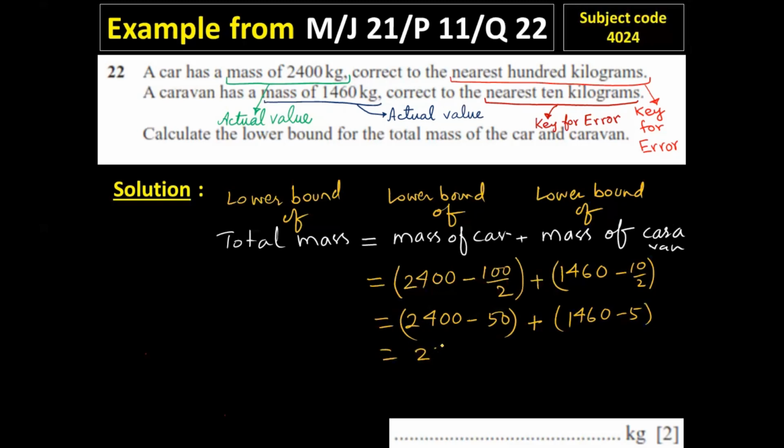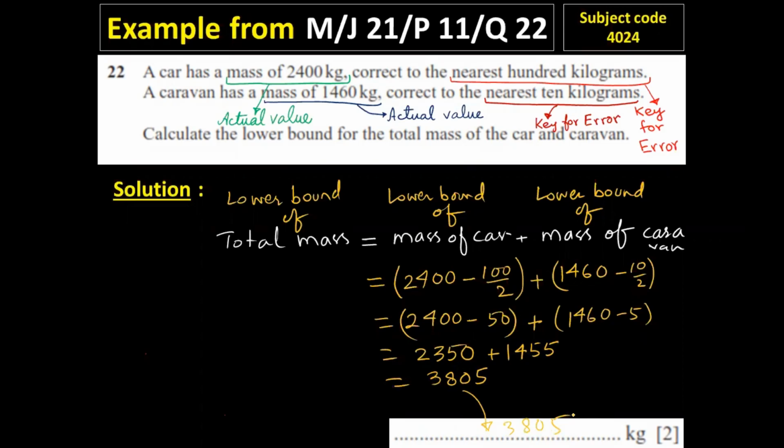It will be 2350 plus 1455. Final value will be 3805. This is your final answer, and don't forget to write in the answer space 3805 kilogram.